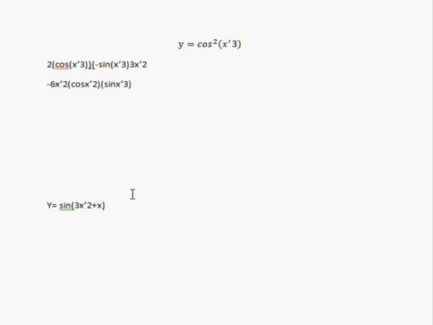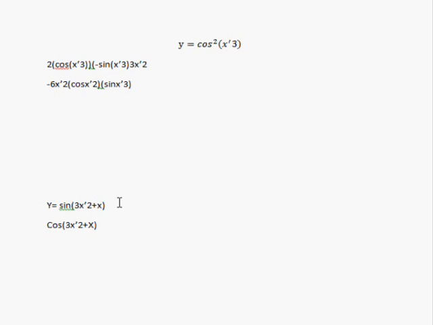Now moving on, the next one is also a little simple, and we say that the derivative of sine of 3x squared plus x is cosine of 3x squared plus x. As you see, we are applying the chain rule.